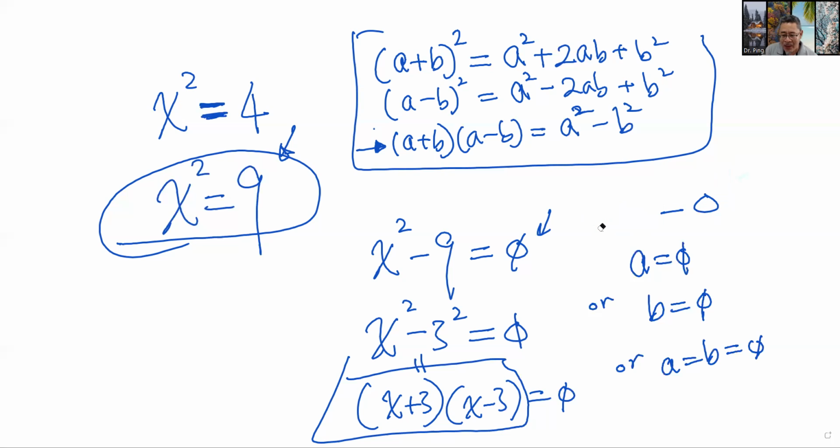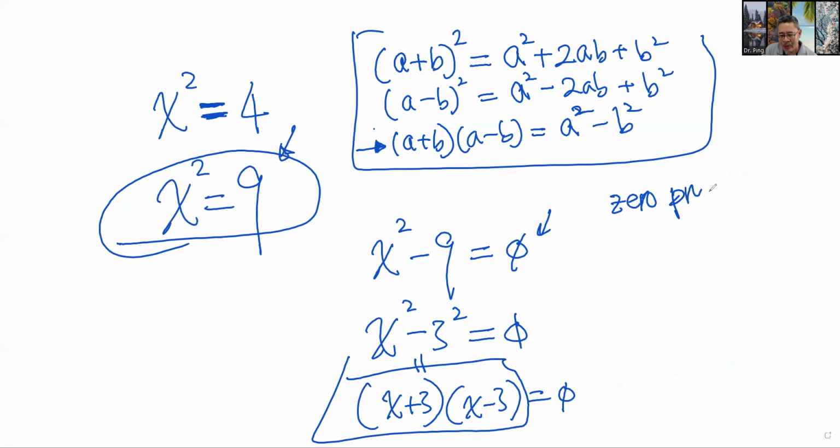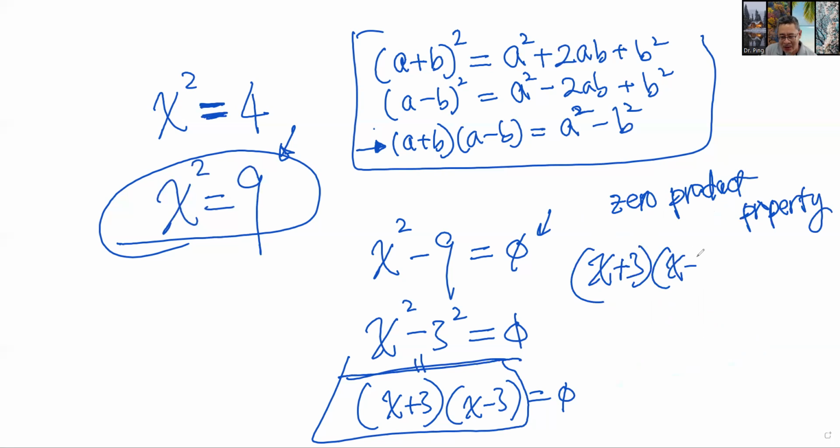This is called the zero product property, one of the basic fundamental properties in algebra, and in math we use that property a lot. Now we have exactly the same thing. We have (x plus 3) times (x minus 3) equal to 0, which means either x plus 3 is 0 or x minus 3 is 0, right?